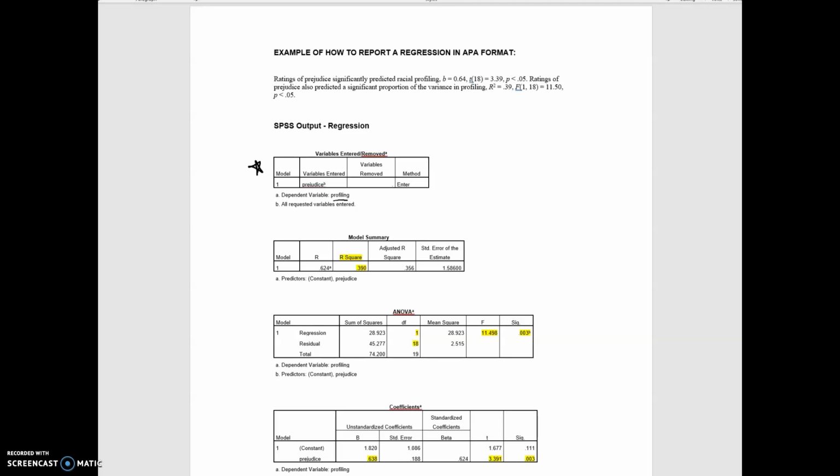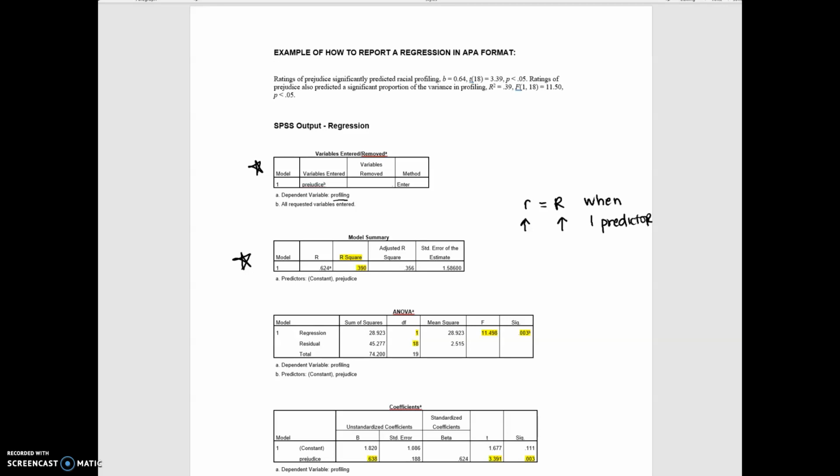The model summary summarizes the R value. With one predictor, small r, which is for your Pearson correlation, will equal big R, which is for your regression. So R for Pearson correlation equals R for regression when there's one predictor.